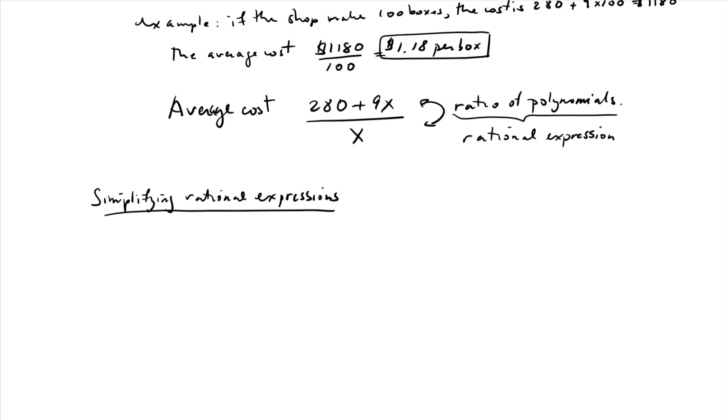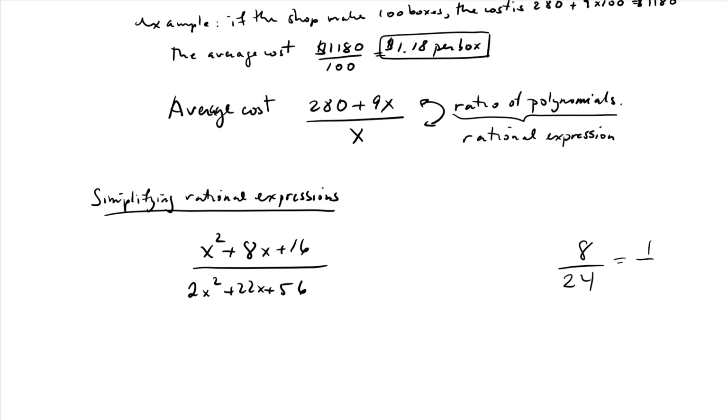Okay, how does that work? Let me give you an example. Here's a polynomial that we divide by another polynomial. And the principle is kind of the same as simplifying something like 8 over 24. You want to find factors at the top and at the bottom that are common so that you can reduce the numbers.